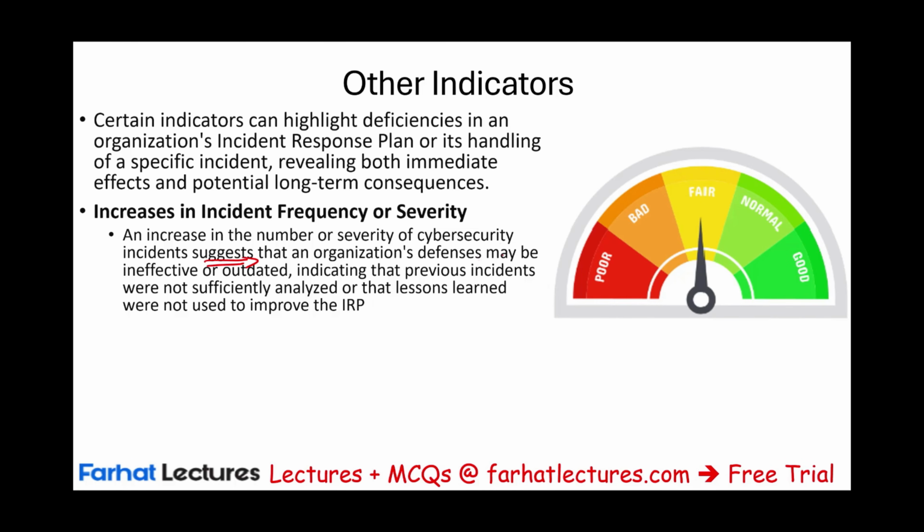That organizational defenses are ineffective or outdated, indicating that previous incidents were not sufficiently analyzed or that lessons learned were not used to improve the IRP. If incidents are happening frequently, that's a bad sign. Or if this time it's more severe, infecting more servers, then that's bad. This is what we look at.